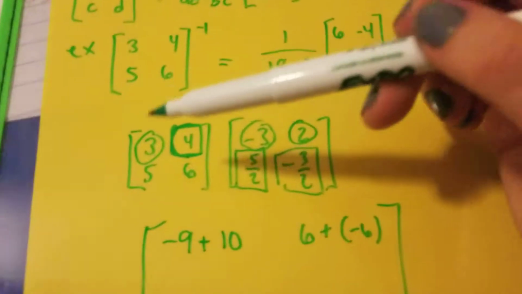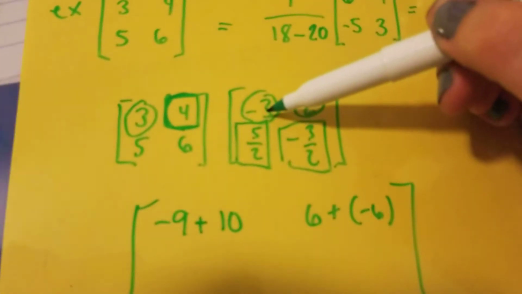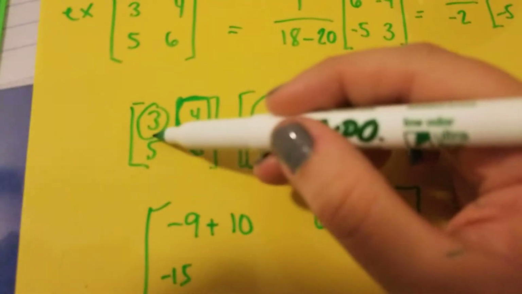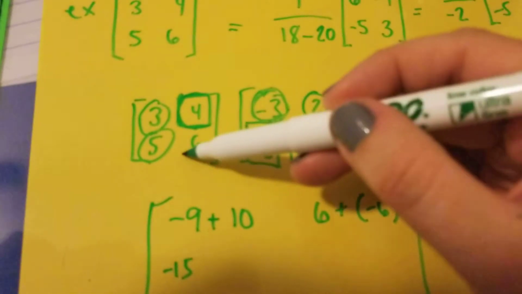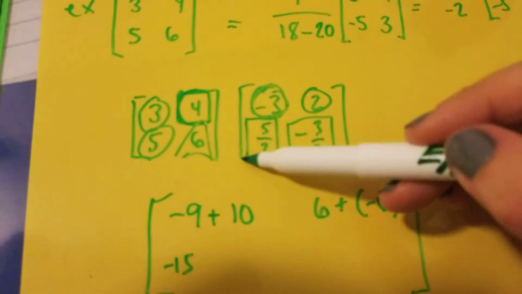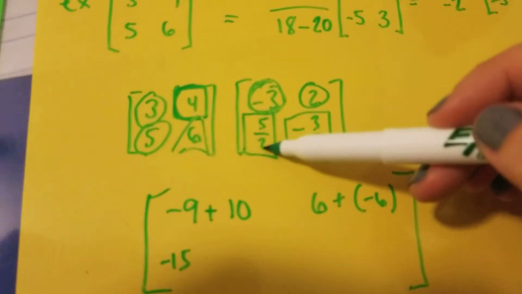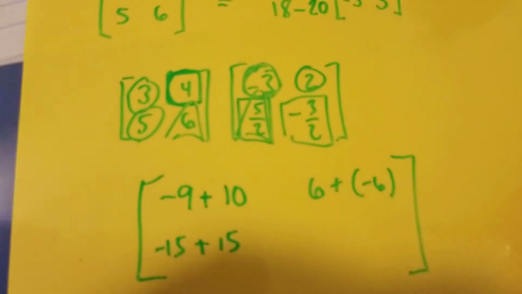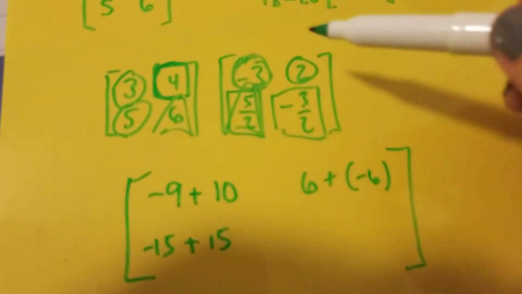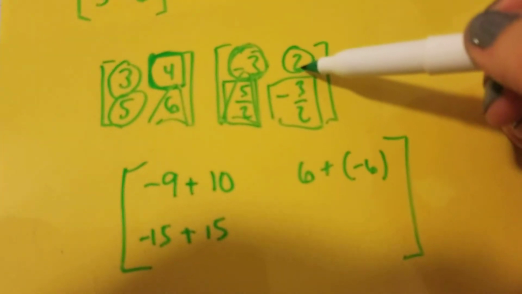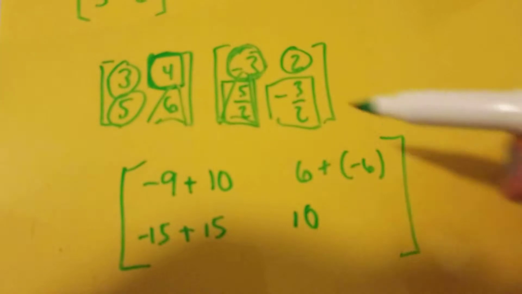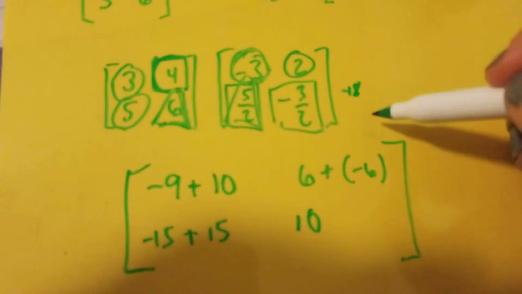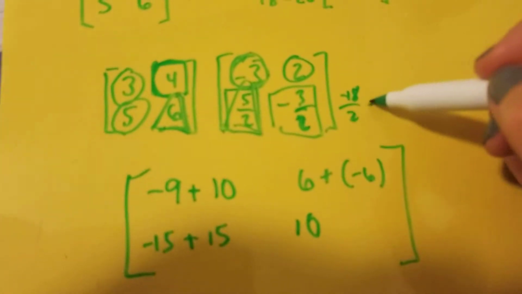Then we do the second row. So we have 5 times -3, which is -15. Then we have 6 times 5, which is 30, divided by 2, which is 15. Then we have 5 times 2, which is 10. And then 6 times -3, which is -18, divided by 2, which is -9.